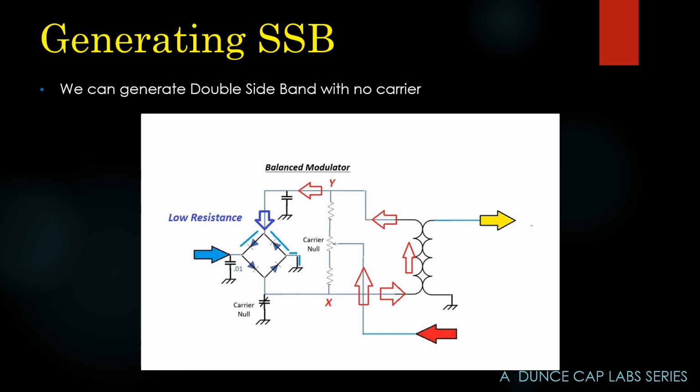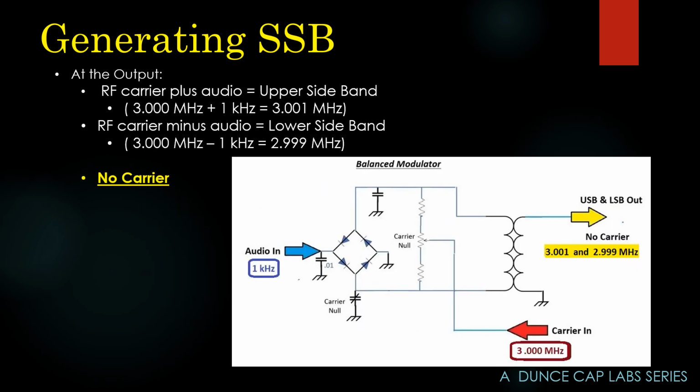So what is the output? What's in it? Well, remember, I said this is a mixer circuit. If it's a mixer circuit, then I have a 3 megahertz signal and a 1 kilohertz signal. They're going to mix. Well, we know the 3 megahertz signal can't get through here because that part of the circuit's balanced.